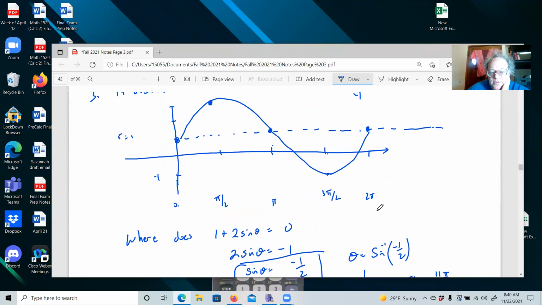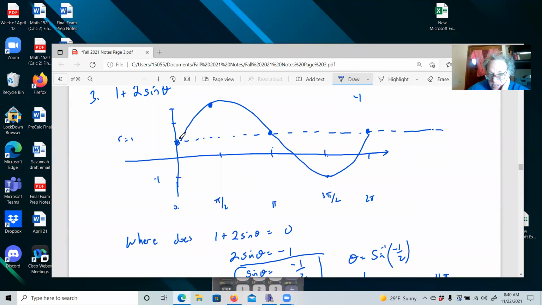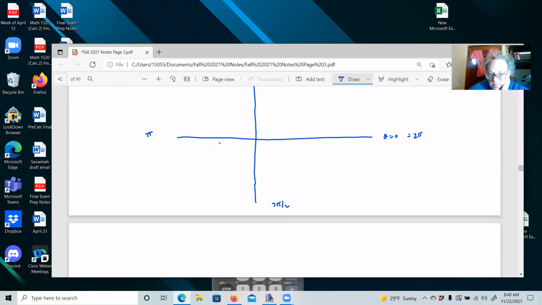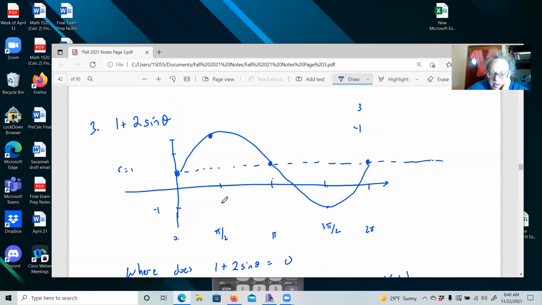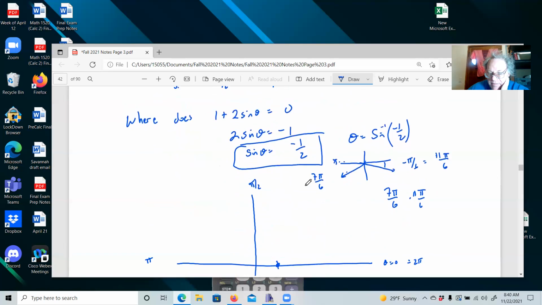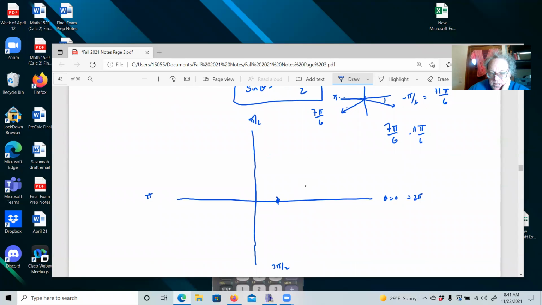When theta equals 0, we are at r equal to 1. Now, when we go from 0 to pi over 2, r is going to increase from 1 to 3. So we're going to have 1, 2, 3.